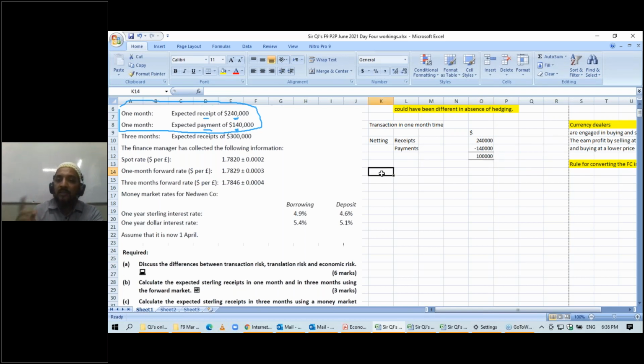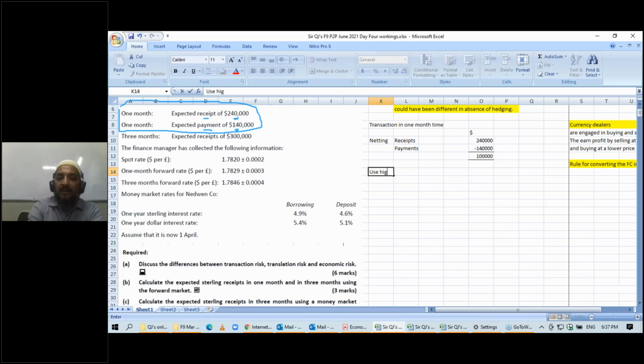Now, once you receive dollars in 1 month's time, what will you do? You will take those dollars to the foreign currency dealer, right? When you take those dollars to the foreign currency dealer, he will give you the local currency, right? So he is giving you local currency from his counter, meaning he is selling you the local currency. So the higher rate will be used.